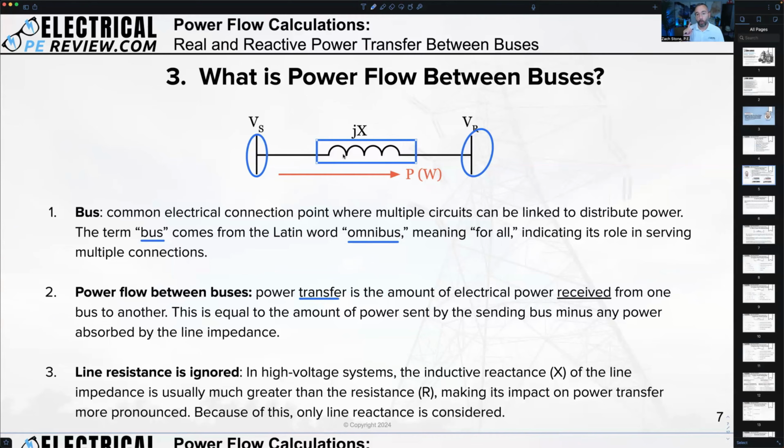If so, what bus is it being sent to? What's the sending bus? What's the receiving bus? Same thing: is there any reactive power flowing? Is the reactive power net zero, or is it a non-zero number? And what's the direction? Which way is it flowing? So that's even more helpful in the field. Make those quick ballpark head calculations to help guide your decision making, and help guide your troubleshooting as well.